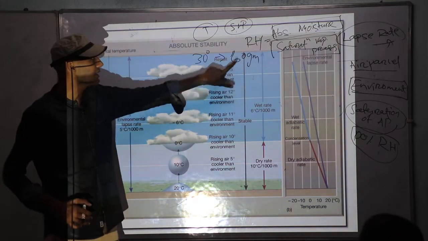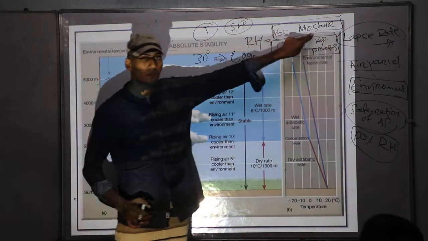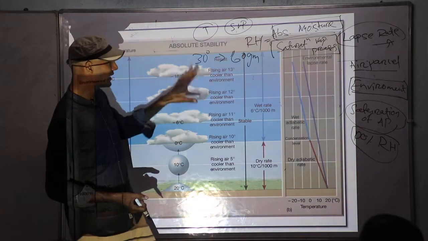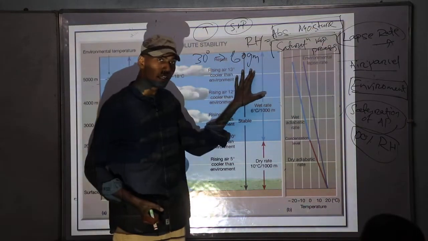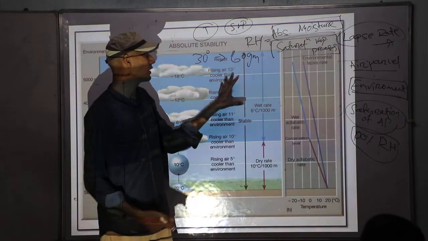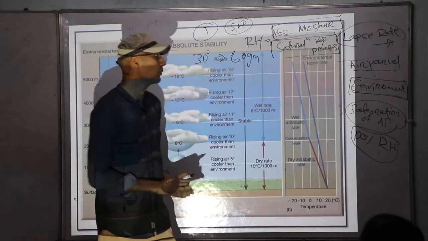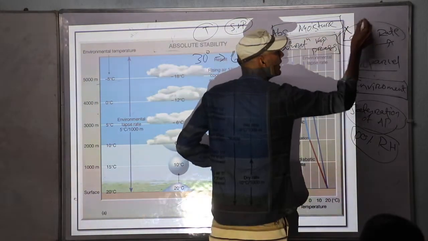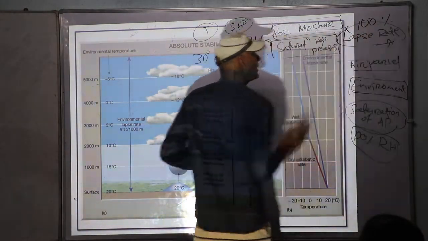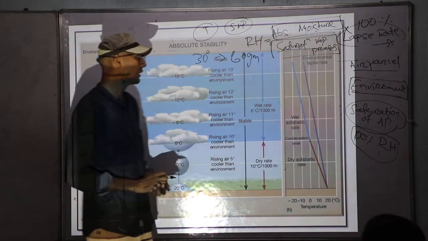So in that case, the saturation vapor pressure at 30 degrees is equal to the absolute moisture. That means at 30 degree temperature, it is containing 60 gram vapor and it requires 60 gram to be saturated. That is, saturation vapor pressure is equal to absolute humidity, and into 100. Relative humidity is calculated in percentage. So the relative humidity will become 100% in that case.